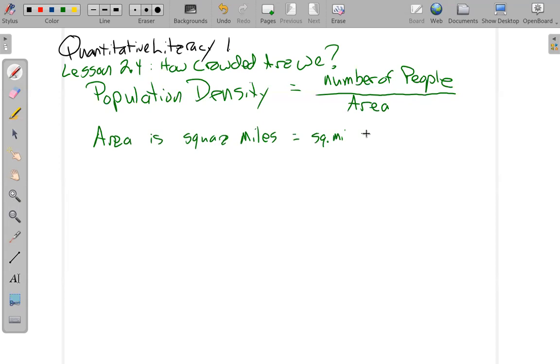And sometimes we might write it using a power. So miles MI squared. And other times, like in the examples we're playing with here, we might use square feet for smaller areas, which we might abbreviate as SQFT, or feet FT squared, square feet, feet squared.